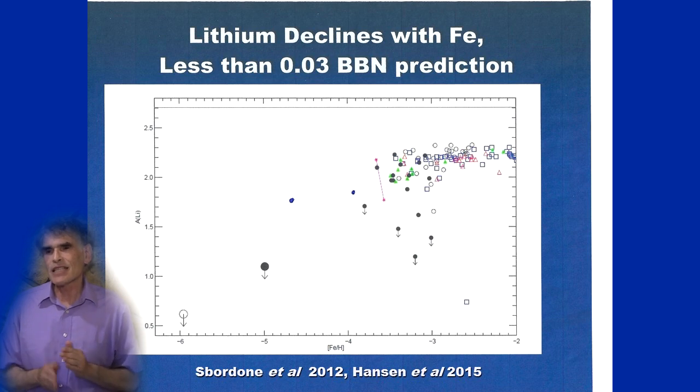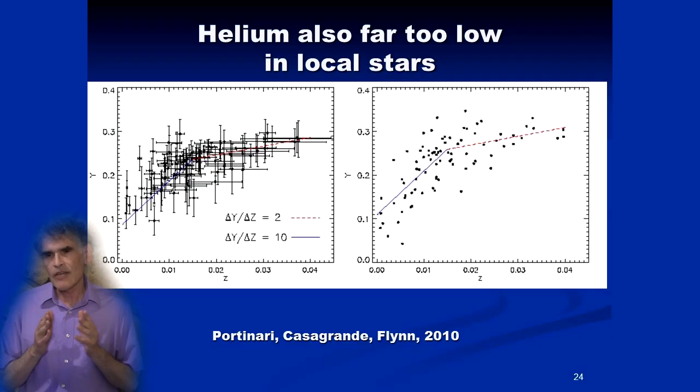So the evidence is completely inconsistent that lithium existed before stars started to form in our galaxy and supernovas started to produce iron and similar elements. It's completely consistent with there being no lithium produced, which is inconsistent with a hot Big Bang. If we look at helium, we see exactly the same pattern.